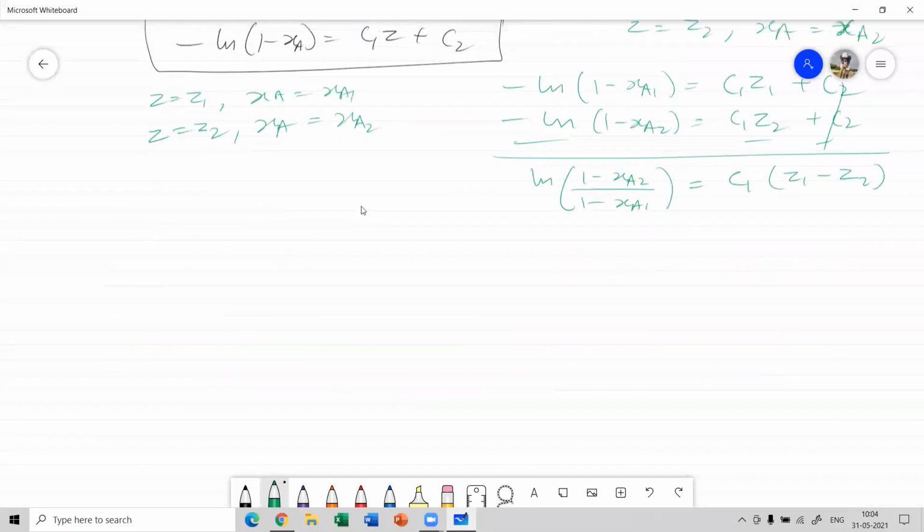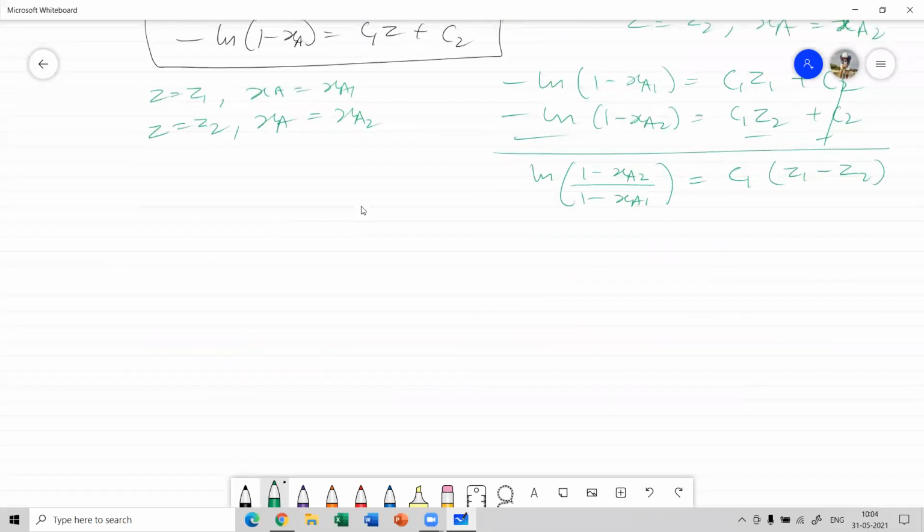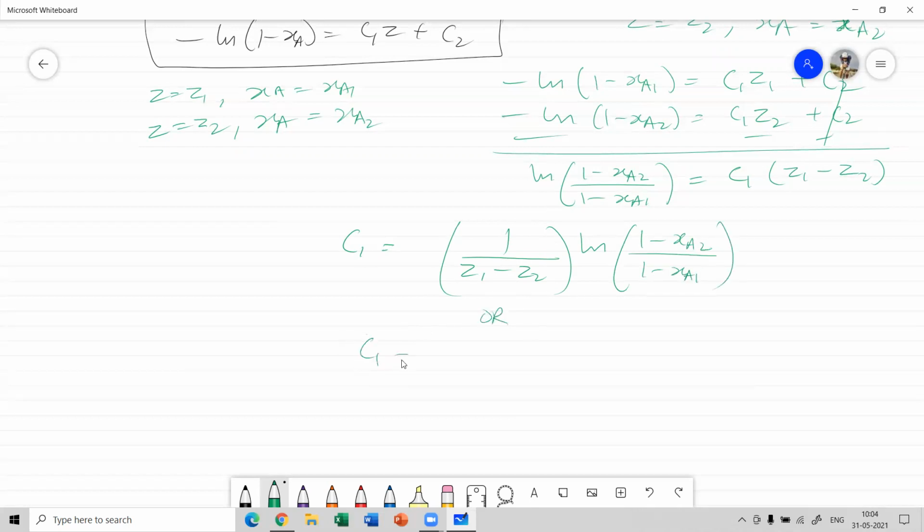So from here we have the value of the constant C1 as 1 over (z1 minus z2) into ln of (1 minus x_A2) over (1 minus x_A1), or it can also be written as C1 equal to 1 over (z1 minus z2) into ln of x_B2 by x_B1. Now we have the value of C1.